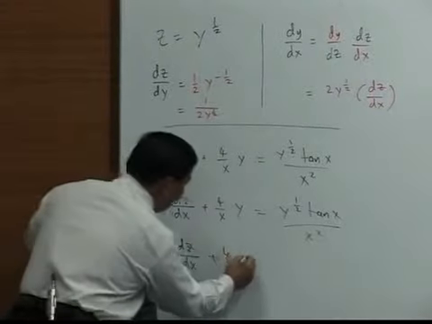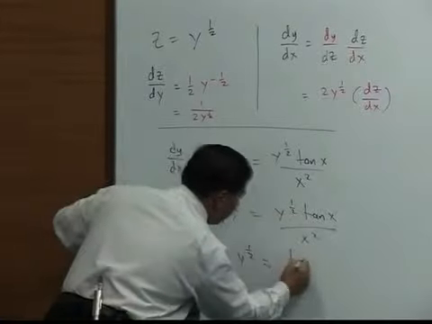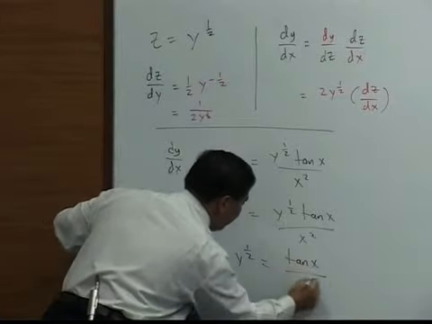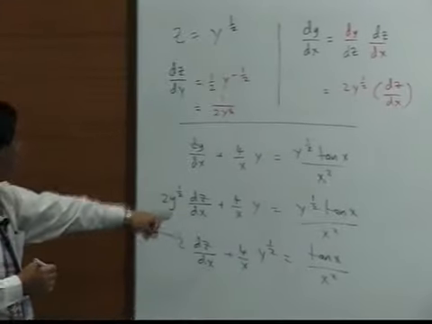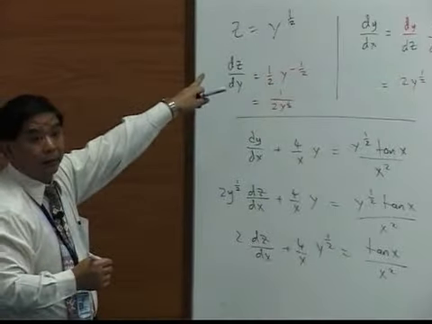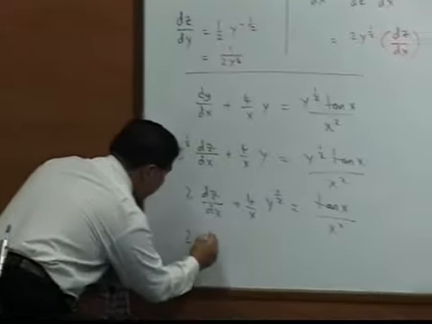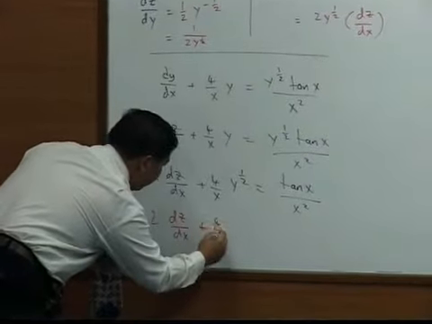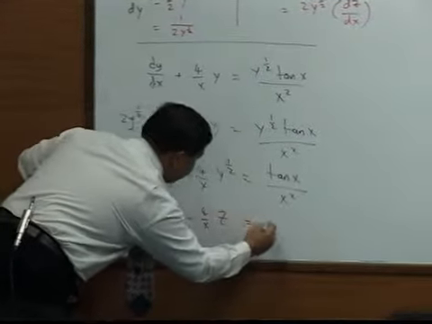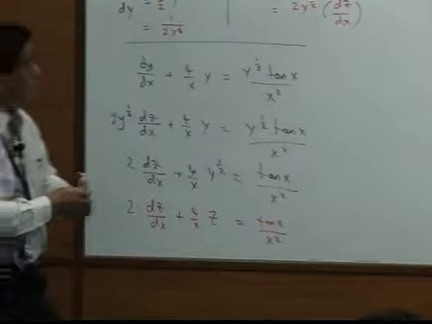Y divided by y power half, you will come out with y power half. Y power half is already gone because you divide throughout by that. But y power half is actually our z. So it's exactly the z. So this is 2 dz over dx plus 4 over x z equals tangent x over x squared.